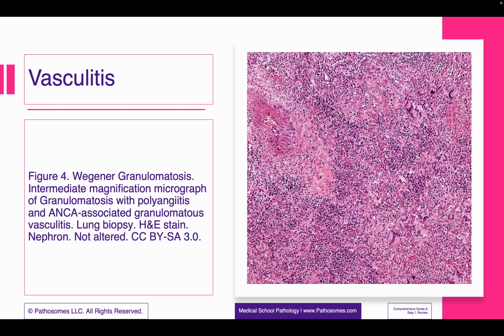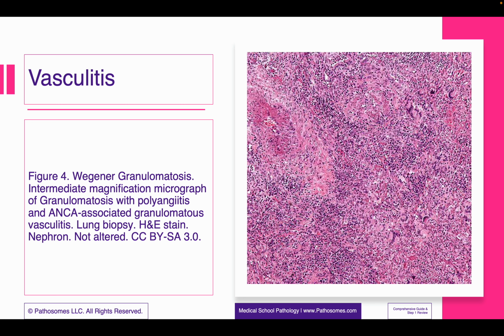This image is showing histopathology of a particular condition associated with c-ANCA, which is Wegener granulomatosis.